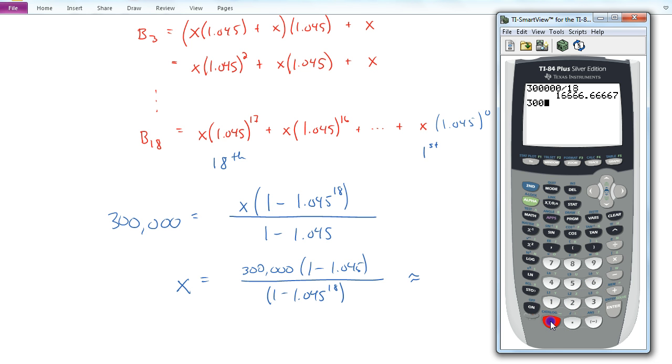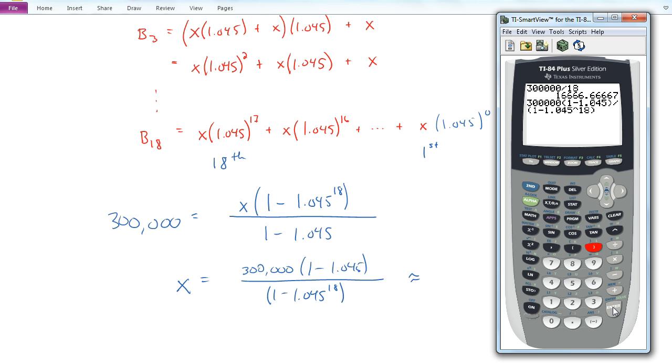300,000 times 1 minus 1.045, divided by, now I need parentheses around this because I have to divide by a subtracted quantity, 1 minus 1.045 raised to the 18th power.